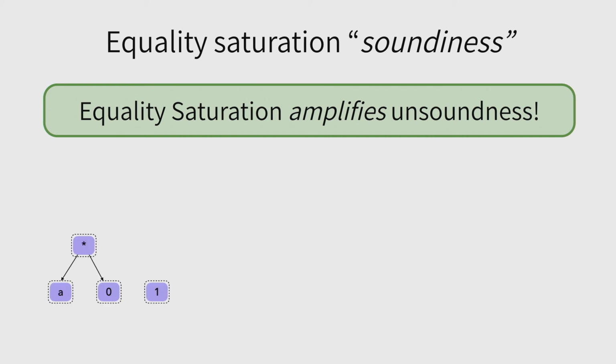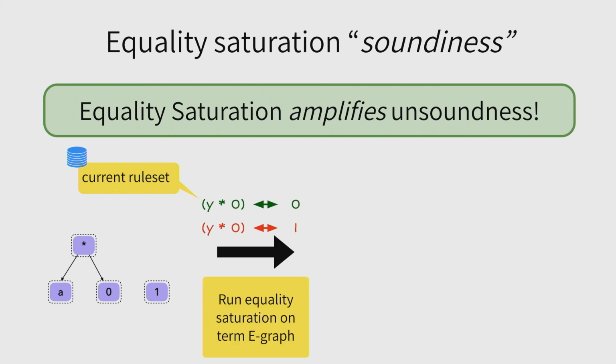And what tends to happen, so we have some examples of this in the paper, is when you have an unsound rule, and for example, you have some arithmetic domain, if you have a bogus rule, you will often very quickly end up merging distinct constants. And egg will crash, right? So ECSAT is very good at exploiting unsound rules, which real quickly cause a couple of constants to merge.